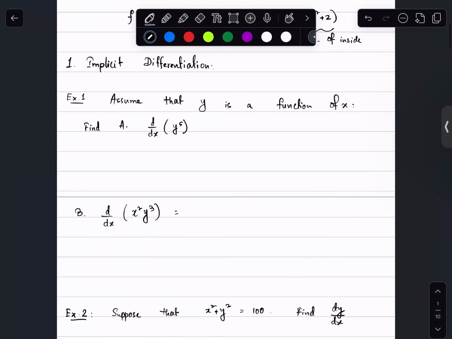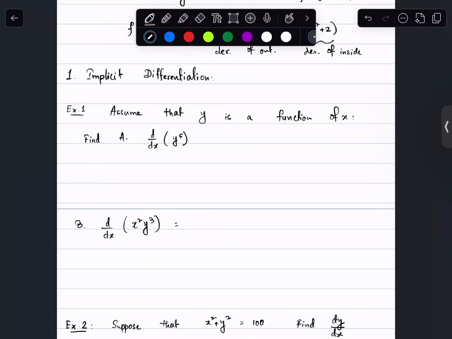Now let me start with implicit differentiation. Example one: assume that y is a function of x, and you have to find d/dx of y to the 5. See that this is a different variable, y, and I'm taking the derivative with respect to x.